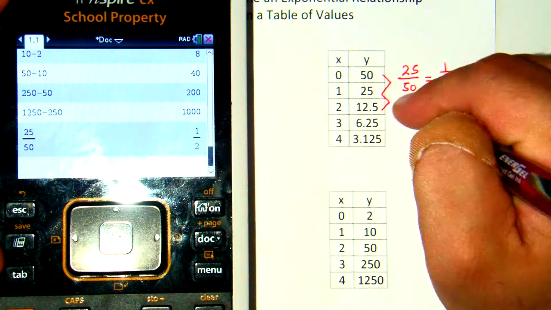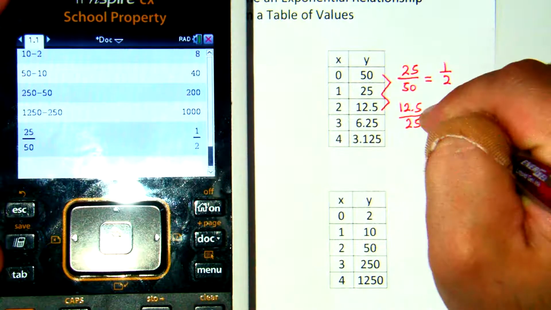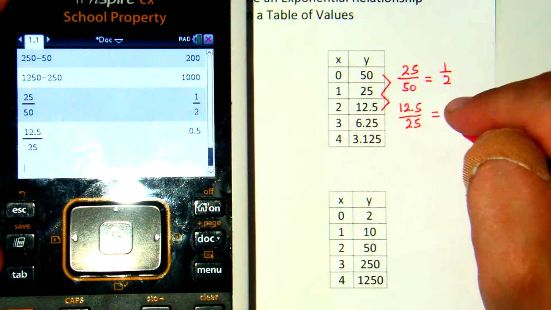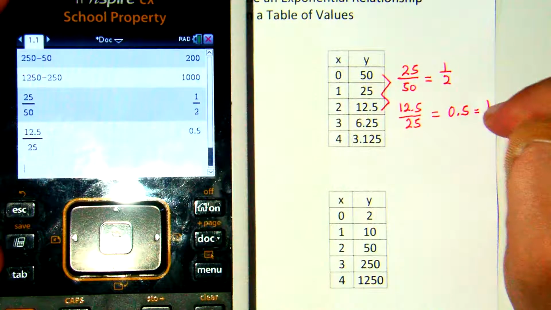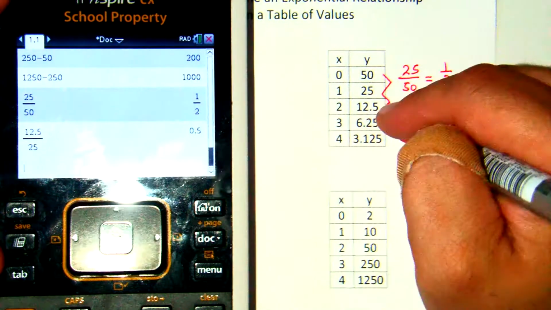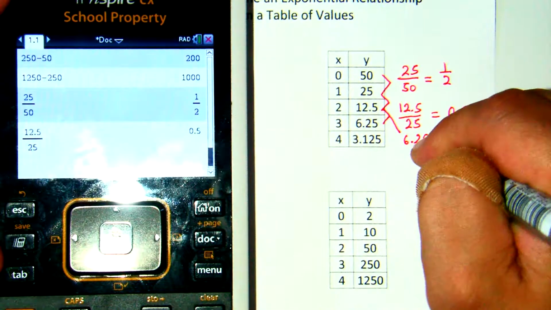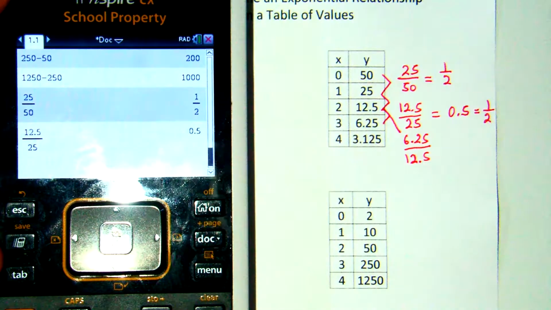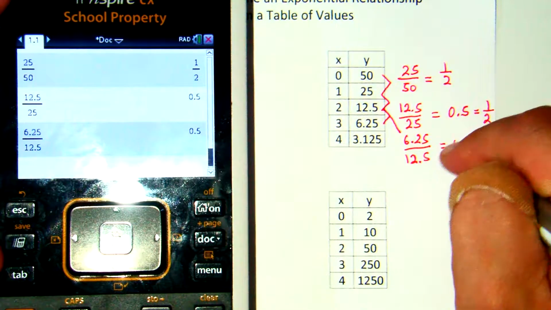Over here, we're going to take 12.5 and divide it by 25. The calculator gives us 0.5, but remember that this is the same as 1/2. You can use either number, whichever one you prefer. Between these two, that's 6.25 divided by 12.5, which is 0.5 again.